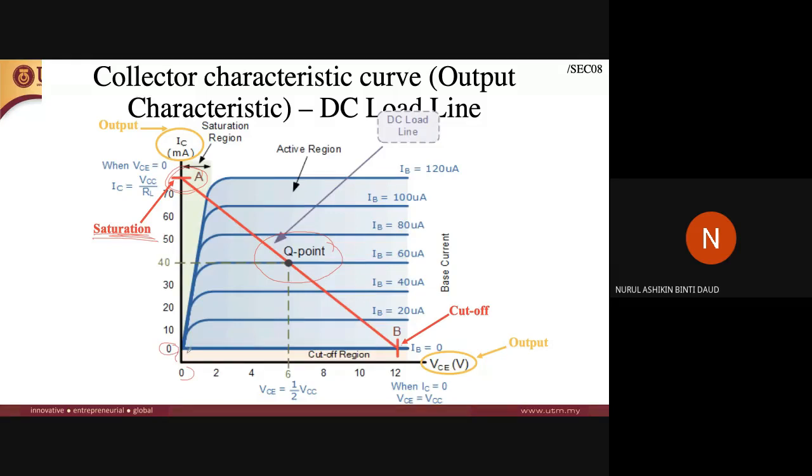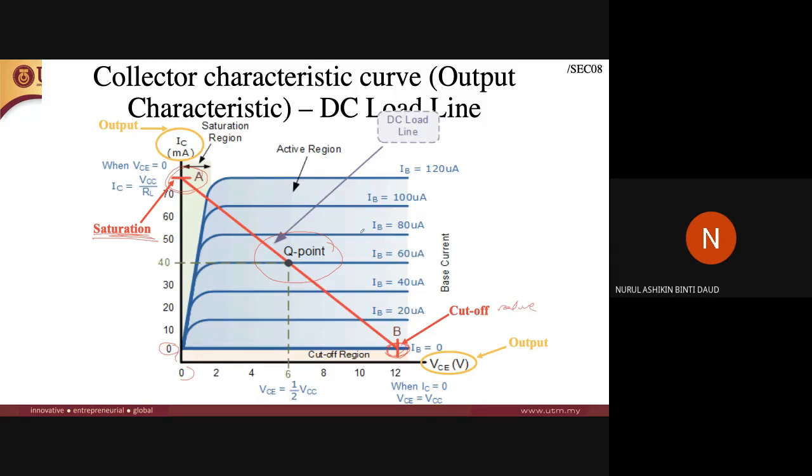So it is moved slightly above so that you can easily identify the cutoff region. When the DC load line cuts the x-axis, it is the cutoff region, and this reading is the cutoff value.